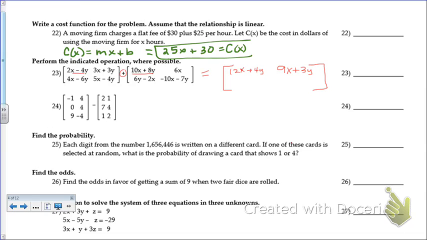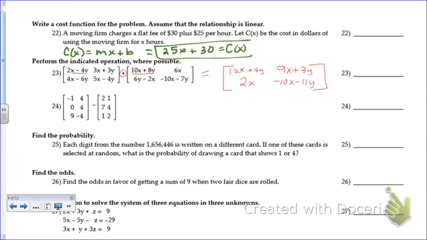Row 2, column 1, you're going to add your x's, so 2x, and then your y's will cancel. And then row 2, column 2, you add your x's, you're going to get negative 10x minus 11y. And that's it.